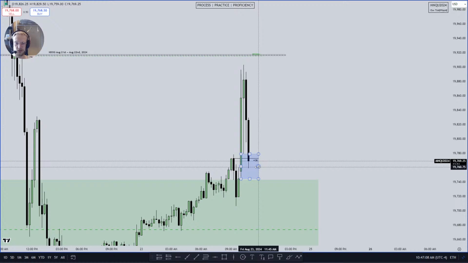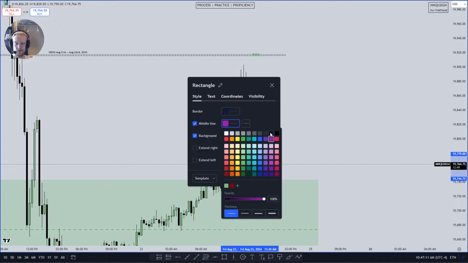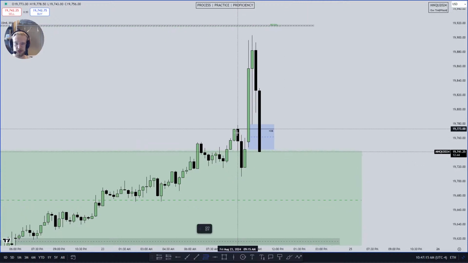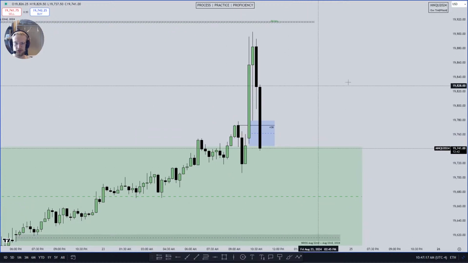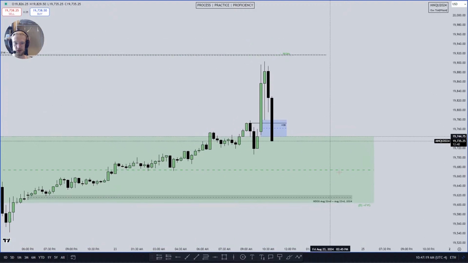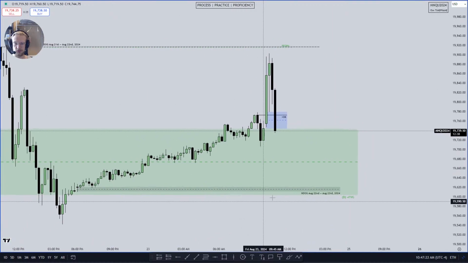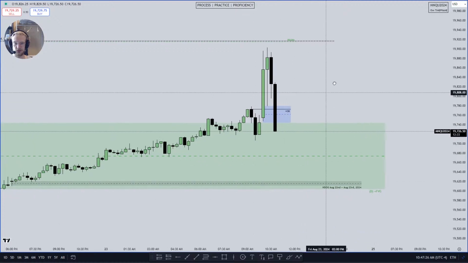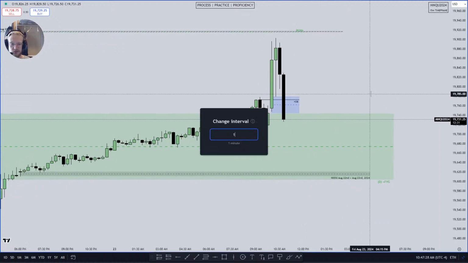We have now reached the order block, and I honestly think it might continue lower, just overshooting it back into the new day opening gap and back into the bottom of the daily inefficiency.